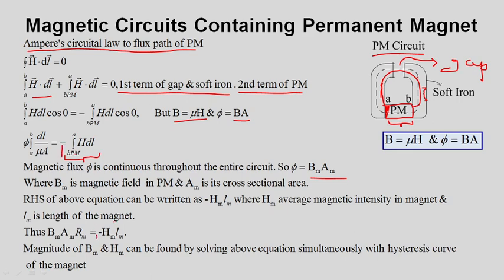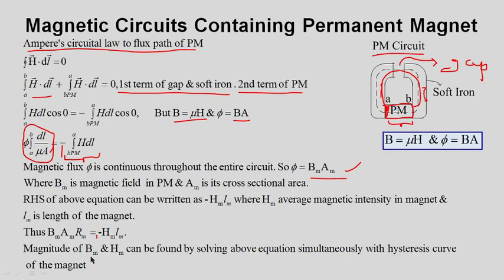Then H is constant, but that is H in the permanent magnet, suffix M, and L suffix M is the length of the magnet. Integral of dl will be L, and L will be the length of the magnet. And on this side, this phi is Bm Am, as you have written here, and this part we write as the reluctance. So R suffix M is the reluctance.